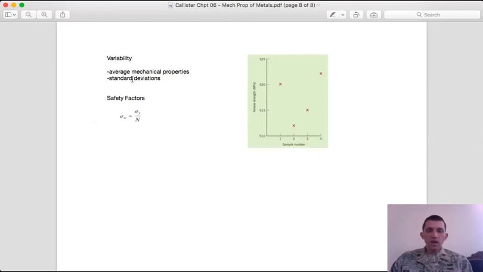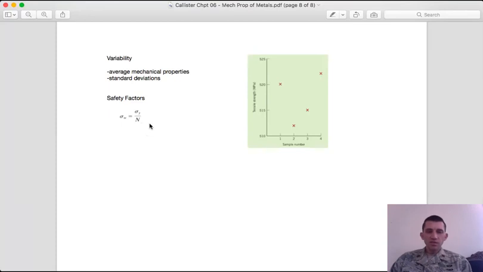So I would say, okay, the average mechanical property might be, I don't know, pick a number, 50 gigapascals. Or no, I guess maybe 100 megapascals. That would be too high, that would be more like a Young's modulus. Say I have a yield stress of 100 megapascals, and so to be safe, to account for any variability or damage or manufacturing defects, I'm going to apply a factor of safety.